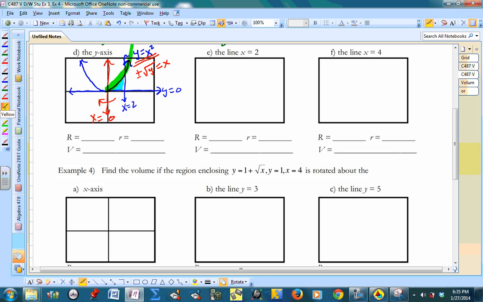And minus root y represents when x is negative, the left side of this curve. You can tell in this particular problem we're only dealing with the right side. So for this problem, we're going to say that x equals positive root y.